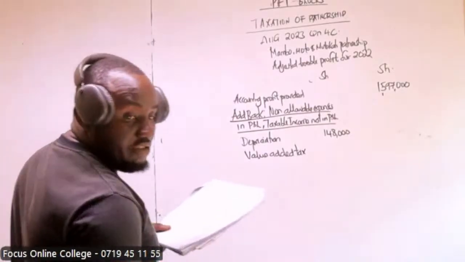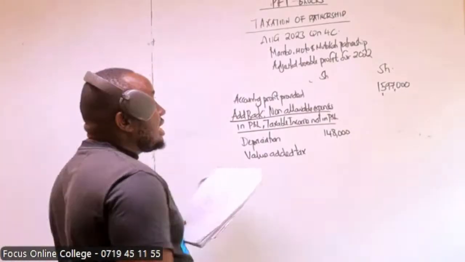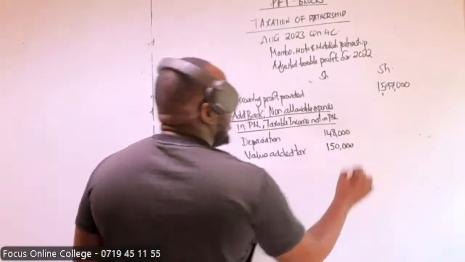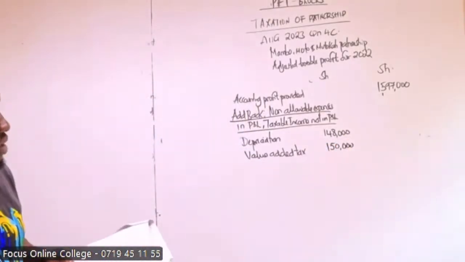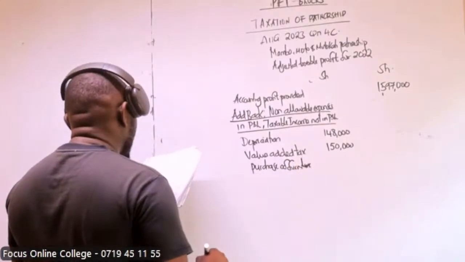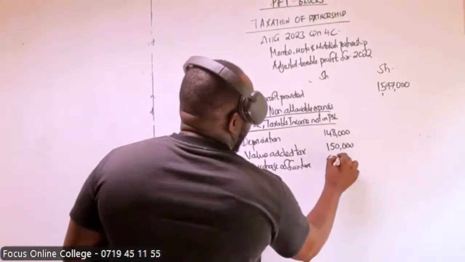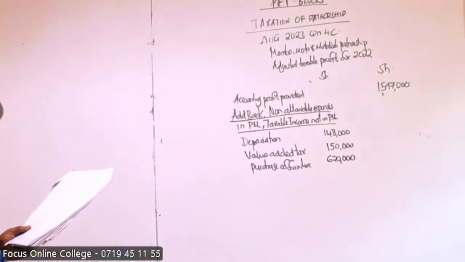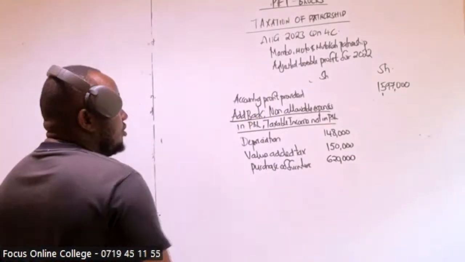What is the figure for the value added tax? The next non-allowable, that should be 150. What is the figure for the purchase of furniture? That should be 620.